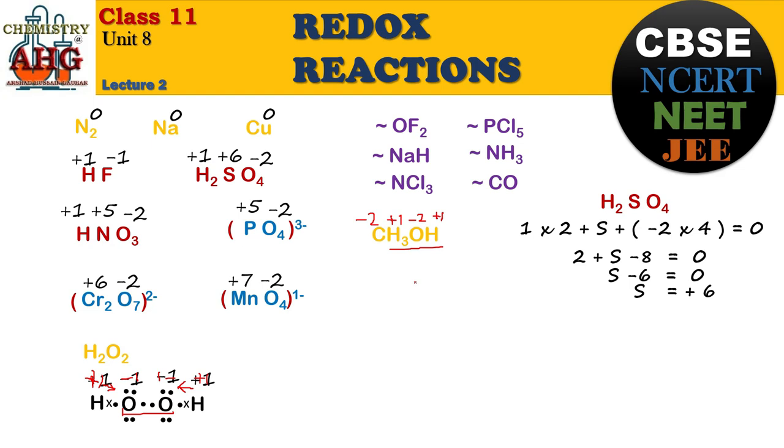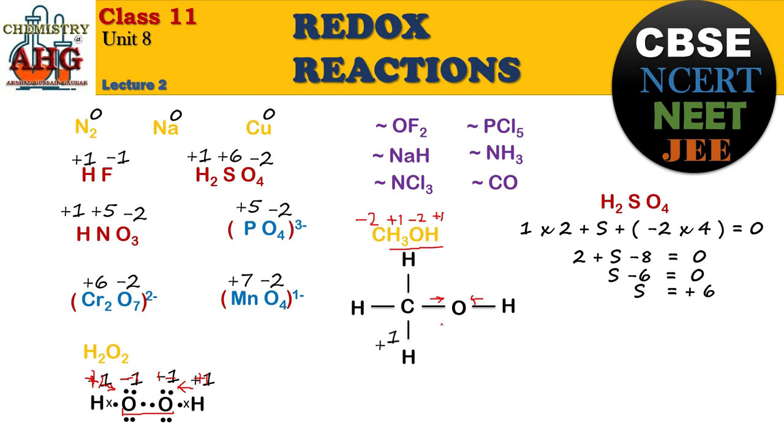The other way is to write down the structure of this compound that you study in organic chemistry. Now you can see oxygen is attracting from both directions. Why can oxygen attract from both directions? Because oxygen is more electronegative than carbon as well as hydrogen.